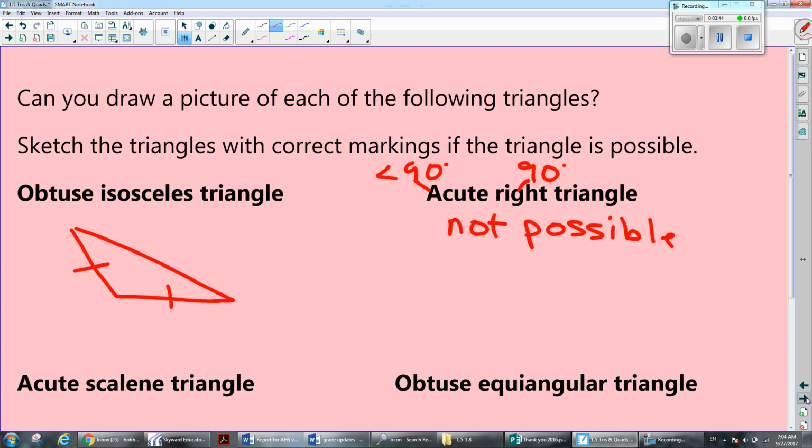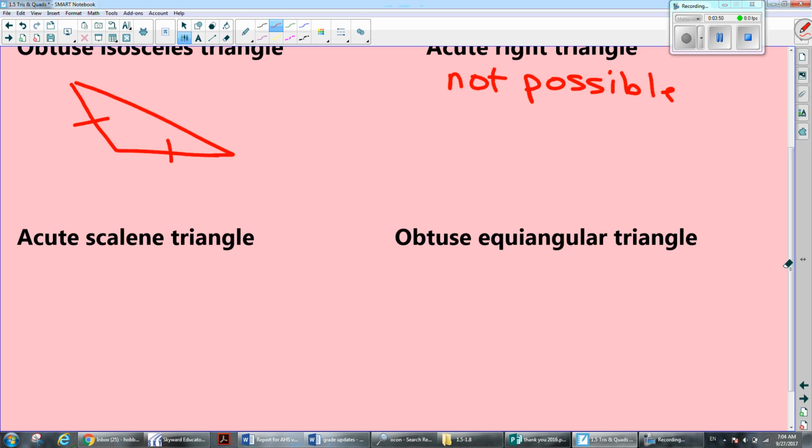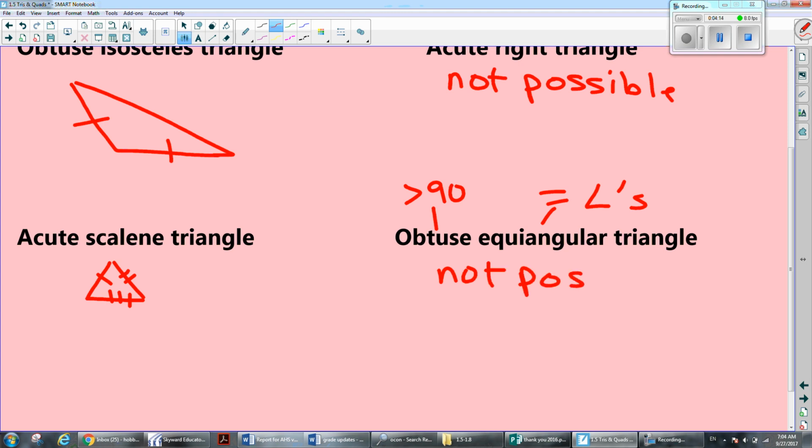Okay, then an acute scalene triangle is possible. So all three of these sides are different length. An obtuse equiangular triangle. So obtuse means more than 90. Equiangular means they all have equal angles. So we cannot have three angles that are all more than 90. This one is not possible.